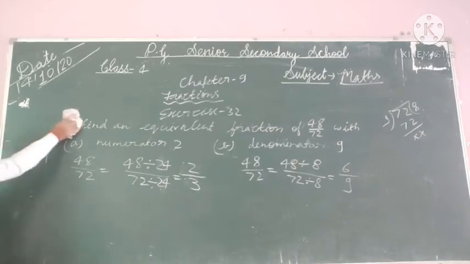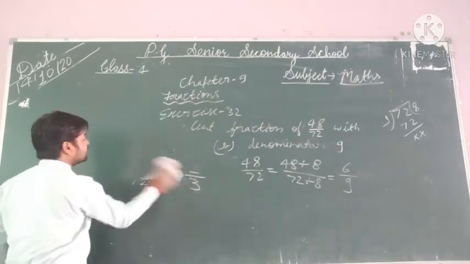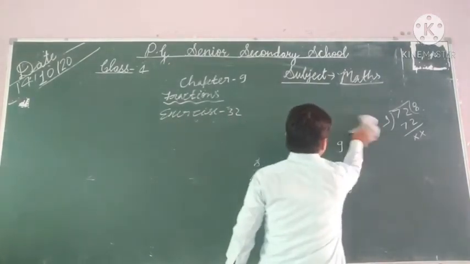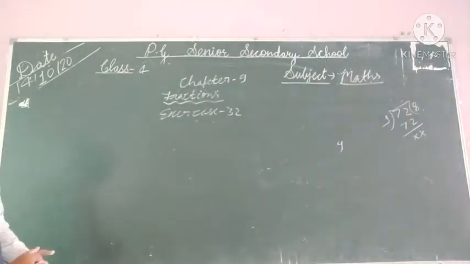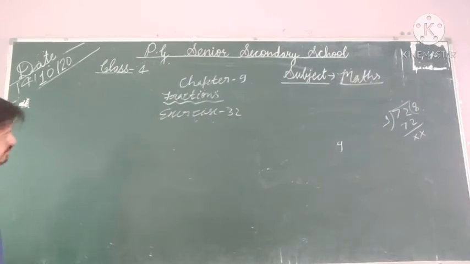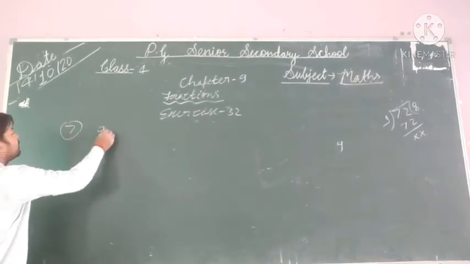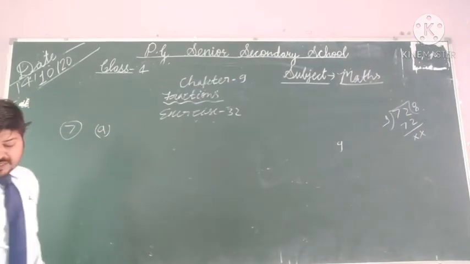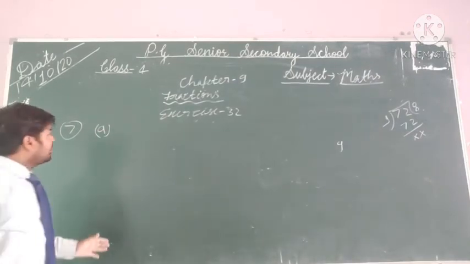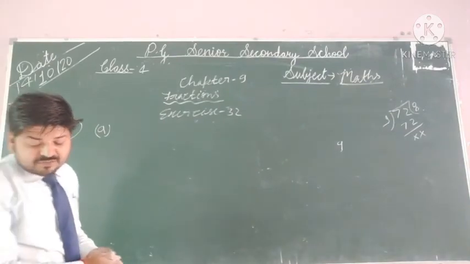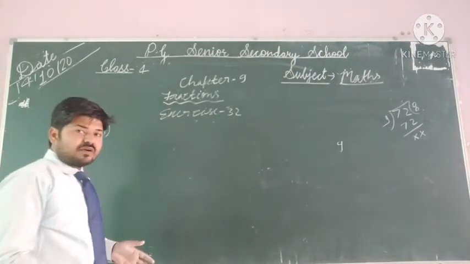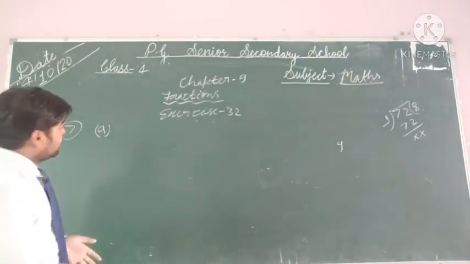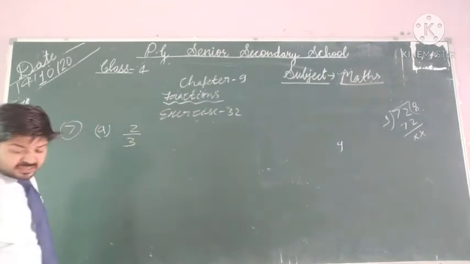Now I am going to tell you question number 7. Question number 7A. The question is saying that आपको डिनोमिनेटर को 24 बनाना है। Change each of the following fraction into an equivalent fraction with denominator 24. डिनोमिनेटर कितना बनाना है? 24. 2/3 is there.